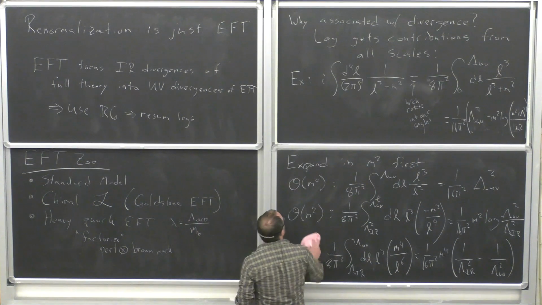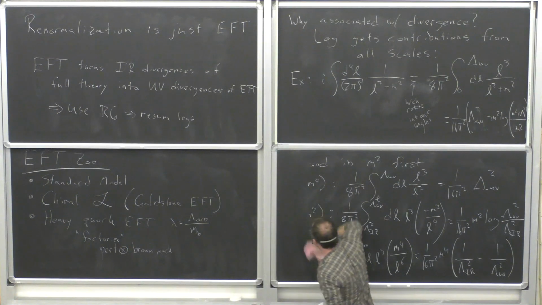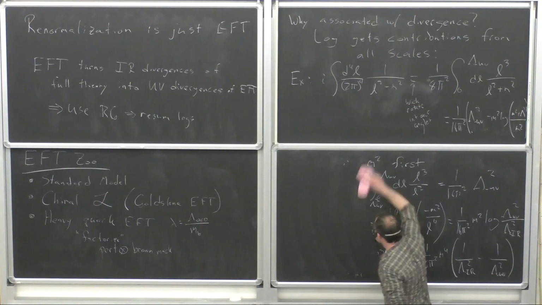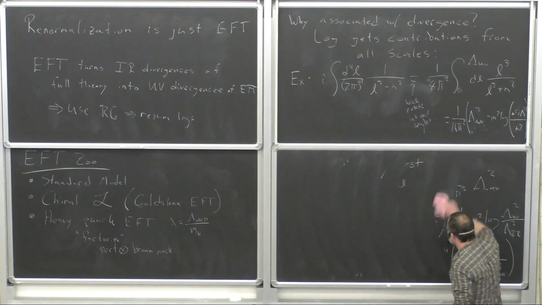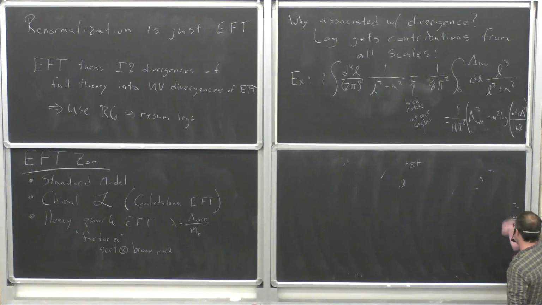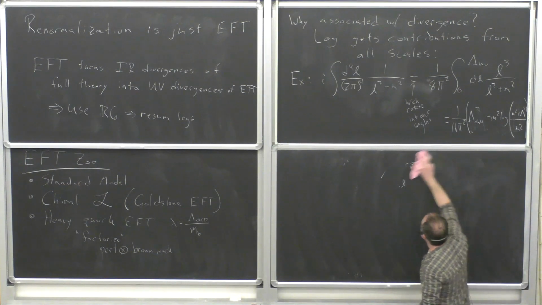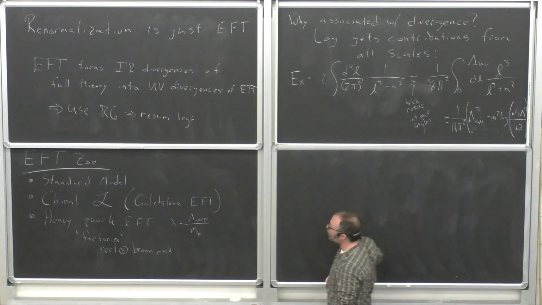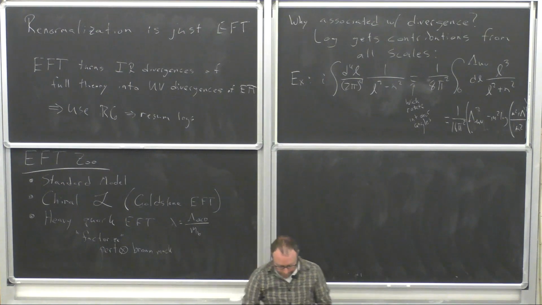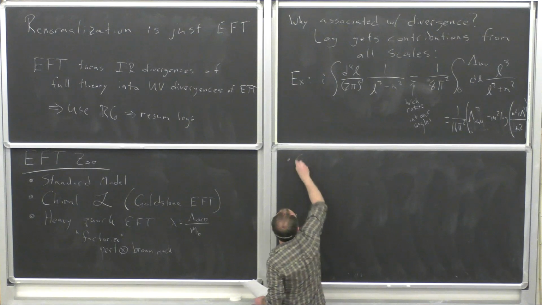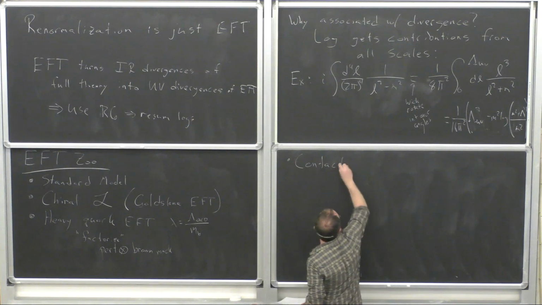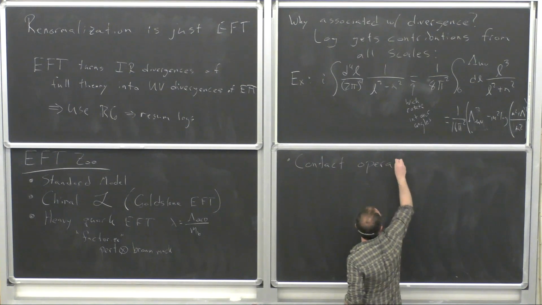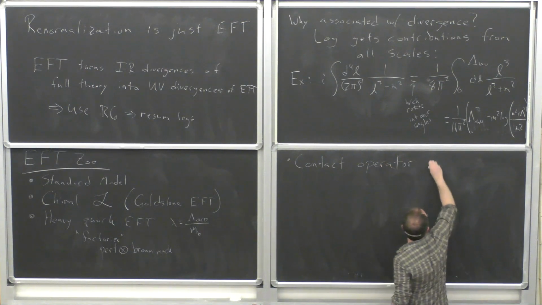So more examples. People use, this is kind of related to the standard model EFT, maybe I won't even write it, but you know, people use contact operators as portals at the LHC. Contact operator portals.